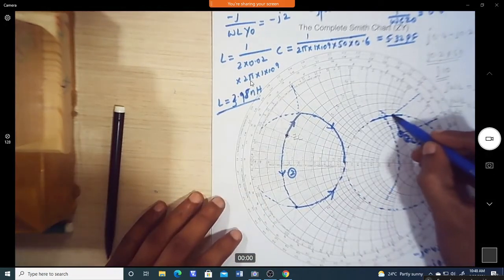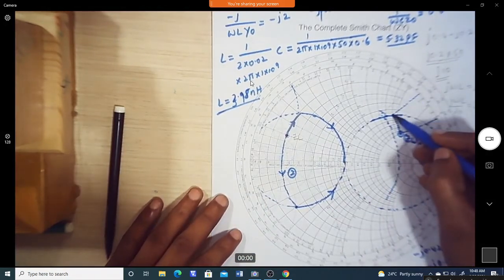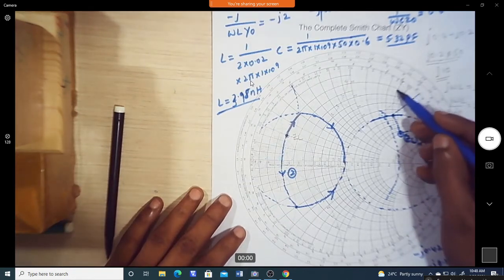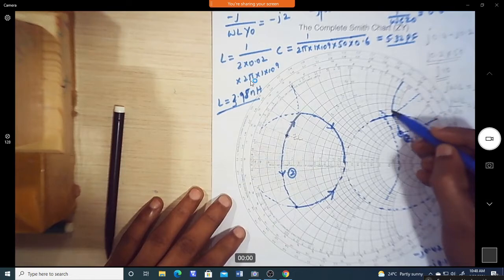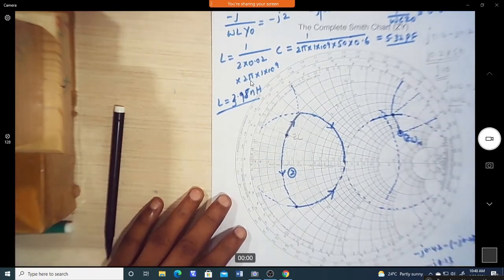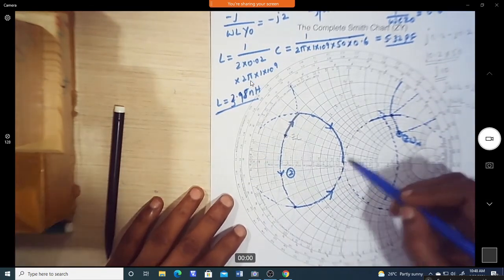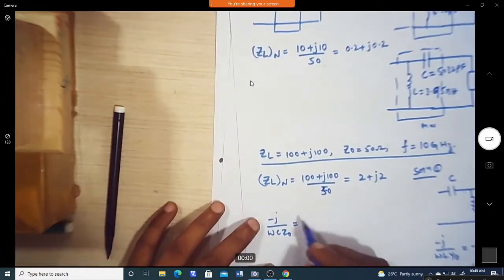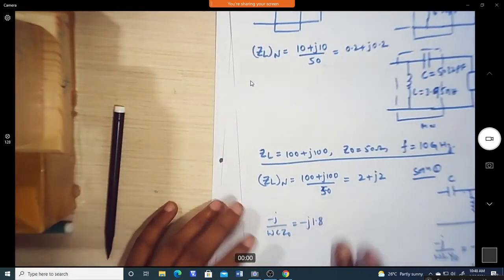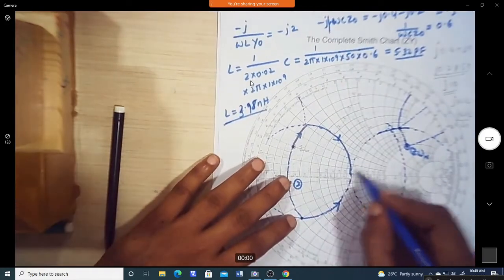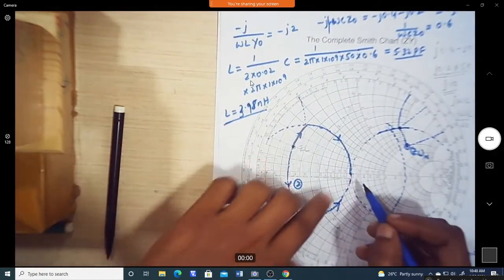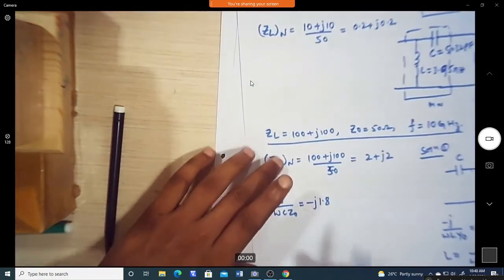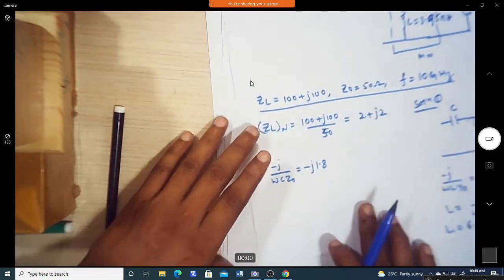At this point the reactance of the capacitor is 1.8, so j 1.8. We have to subtract, because we are moving from this point to this point. It is 0 minus 1.8, so that's why we get minus j 1.8.